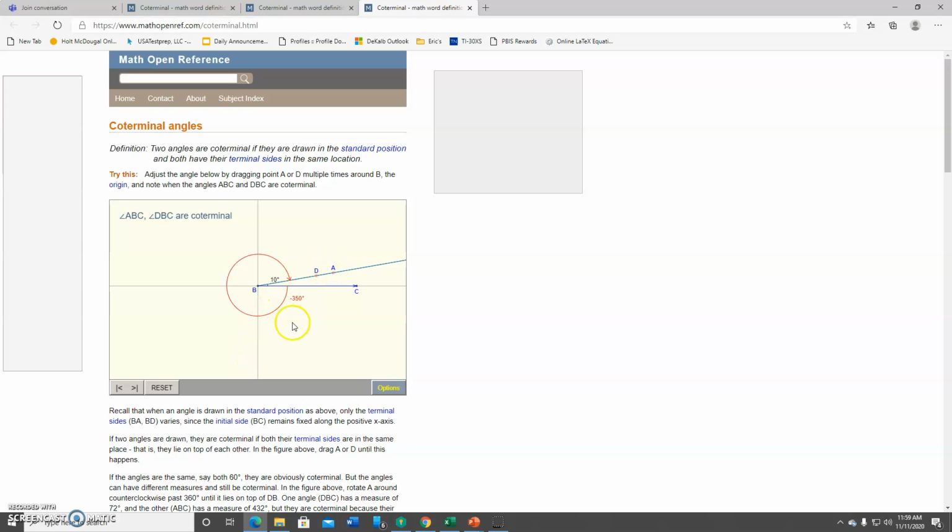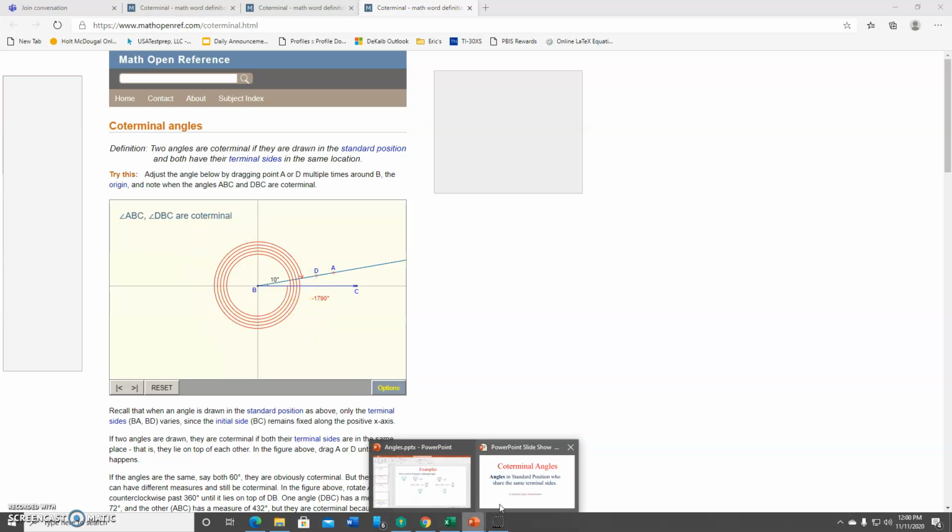Now, because I'm going clockwise, in essence, I'm subtracting 360. 10 minus 360 does give you negative 350. And again, I could continue to subtract, or continue to go in a clockwise direction. And again, infinite numbers. Every time my terminal sides line up, I have another set of coterminal angles, just to illustrate from a visual standpoint.